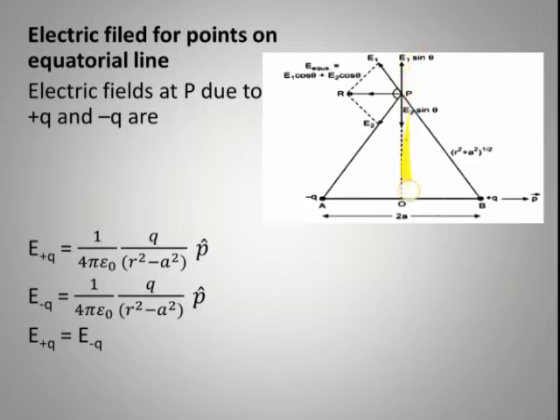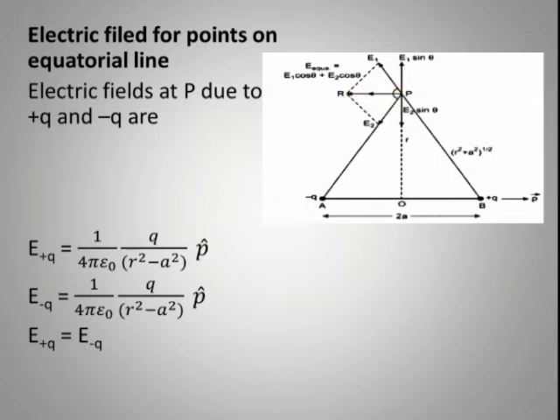Now if I consider these two, E1 and E2, the components of sine theta cancel each other. Why do they cancel each other? They are in the opposite direction. Now if I consider this resultant, the entire electric field of the dipole is concentrated on which component?